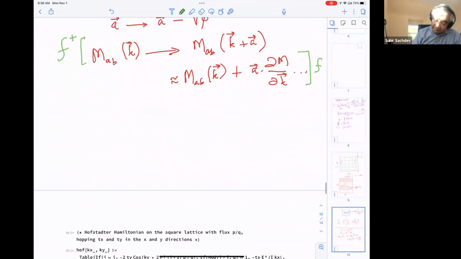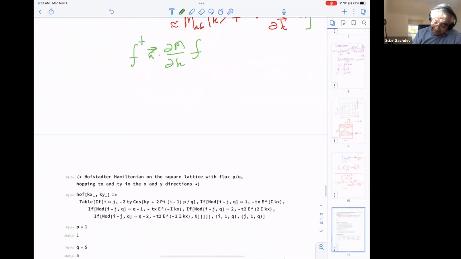So I have a coupling of the fermions to the gauge field. It's f dagger A dot dm/dk times f. If I draw that as a vertex, I have a gauge field, the fermions f dagger and f, and this vertex here is dm/dk.